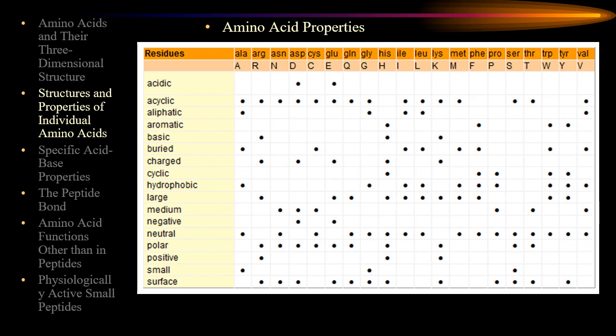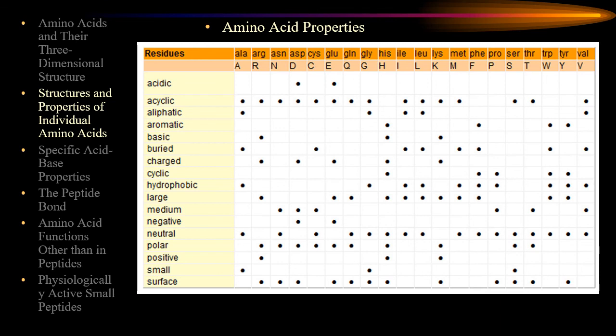Some are hydrophobic, of course. If they're aliphatic or aromatic, usually they're also hydrophobic. The size is also important, large, medium. Another one, does it carry a negative charge? Is it neutral? Does it carry a positive charge? Polar, again, that's the classical classification of the amino acids. And as mentioned, the size is also important.